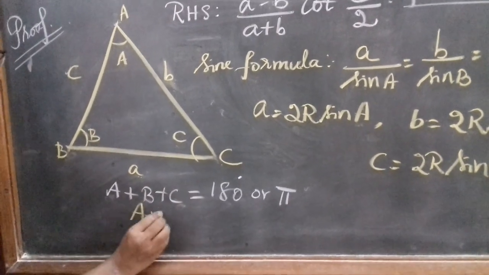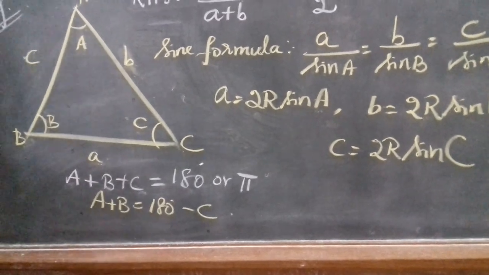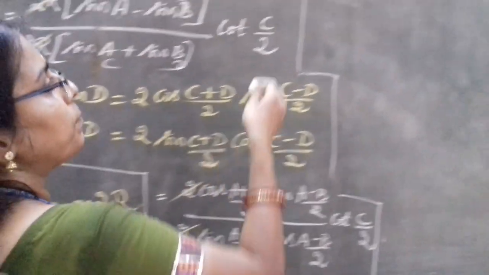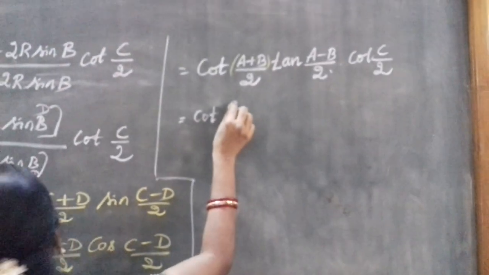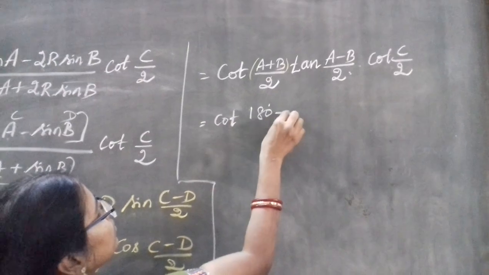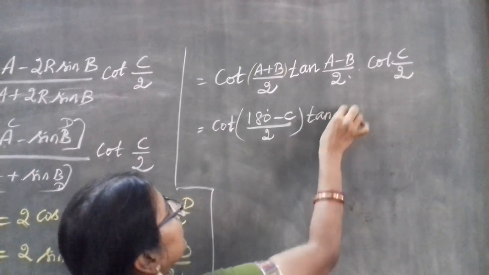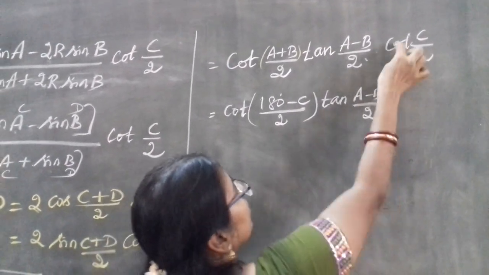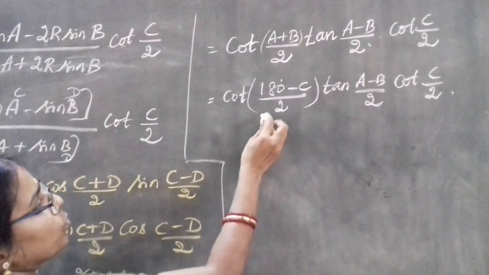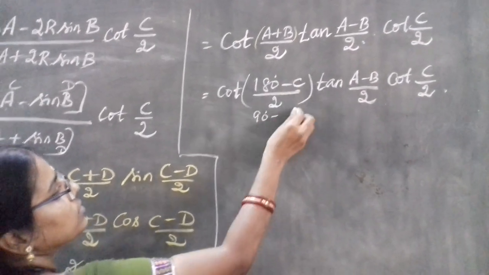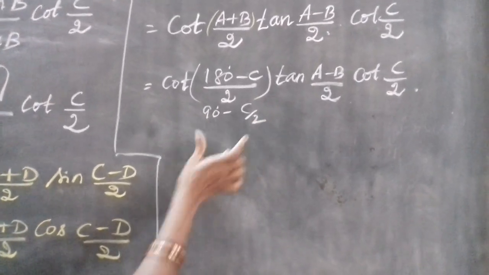Therefore we can write A plus B as 180 minus C. So we have cot of (180 minus C)/2, and all the other terms you write as it is, cot C by 2. 180 by 2 is 90, so inside the bracket you have 90 minus C by 2.